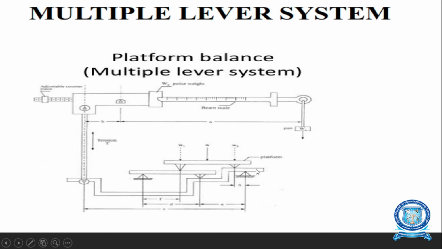The weight W on the platform can be replaced by two arbitrary weights, W1 and W2. So with the help of the poise weight and the arbitrary weights, we can find out the original weight applied on the pan to get the unknown weight of the load.